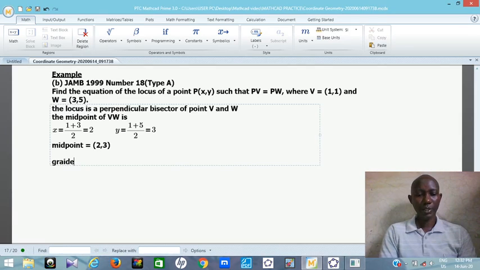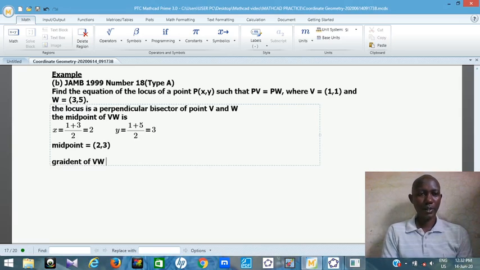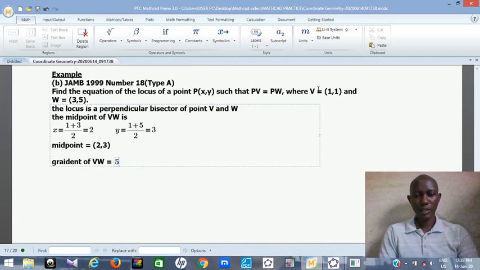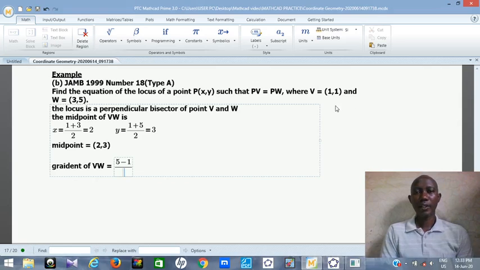The gradient of VW is y2 minus y1, which is 5 minus 1, divided by x2 minus x1, which is 3 minus 1.